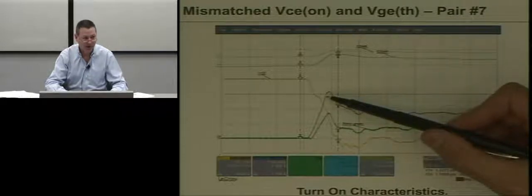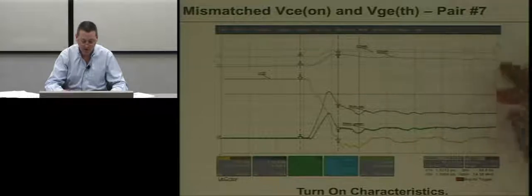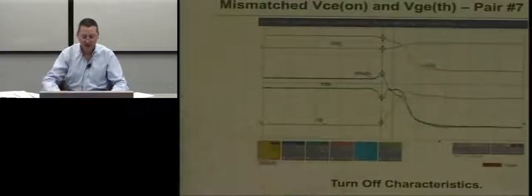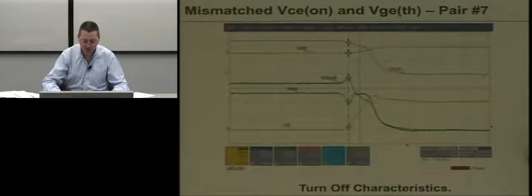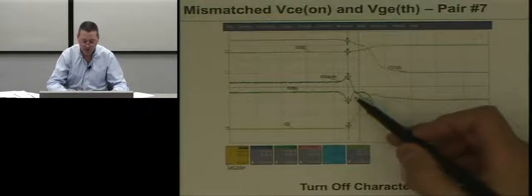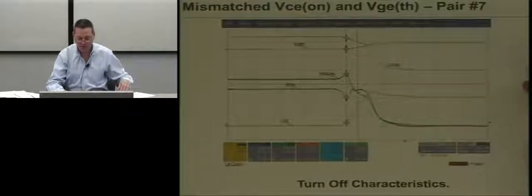So you end up with increased switching loss and higher VCE on, steady state conduction losses, so clearly this blue device is going to run hotter than the others. And the same thing at turn off, you end up with some very unusual looking behavior. You can actually end up with oscillations here because of thermal mismatches and device parasitics.